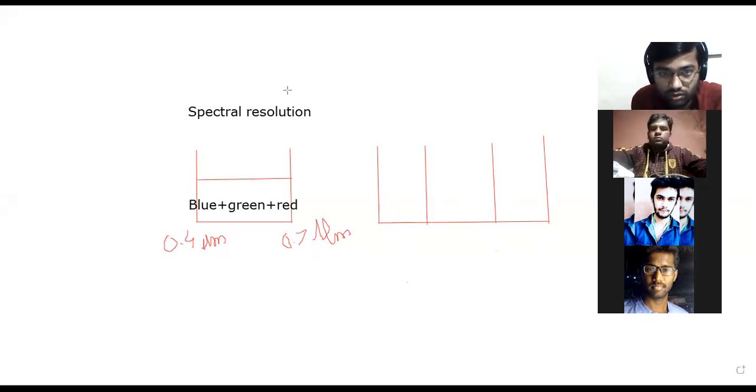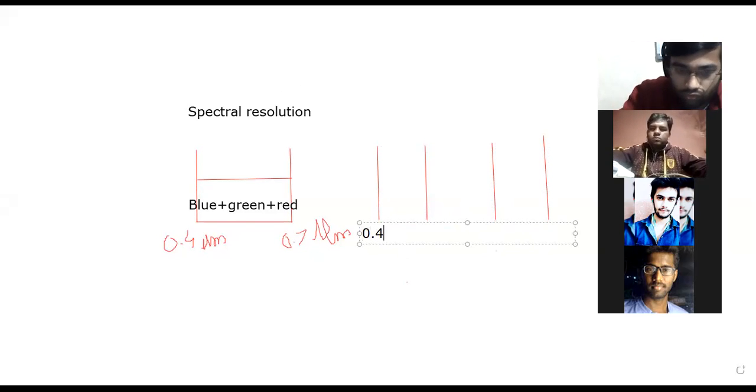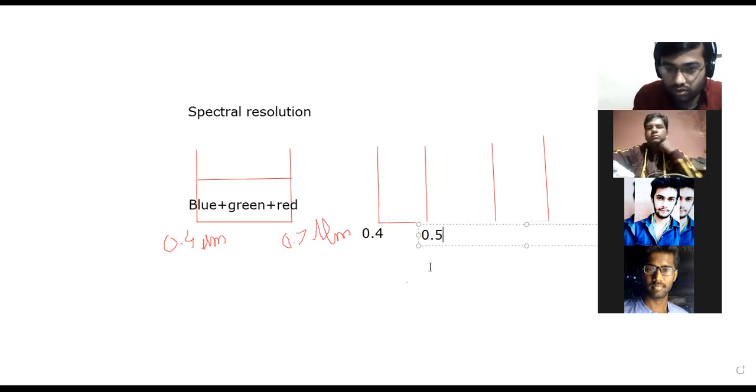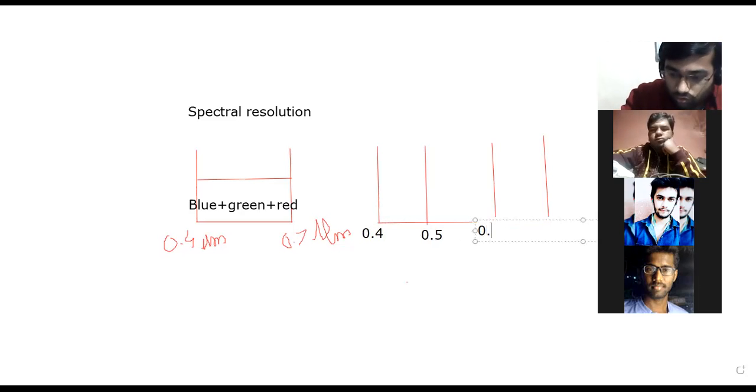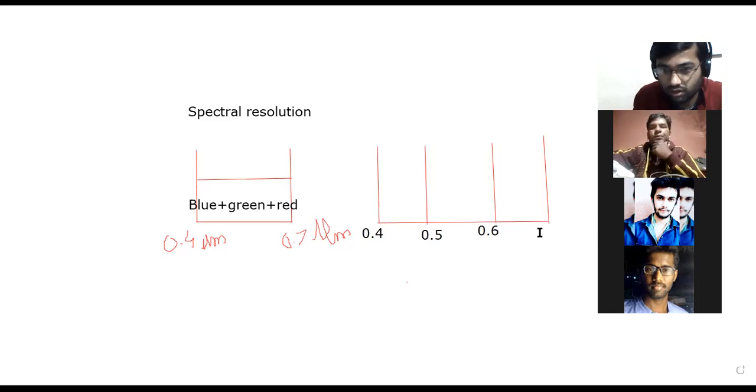So if I'm having 0.4 here, then 0.5 here, 0.6 here, and 0.7 here.